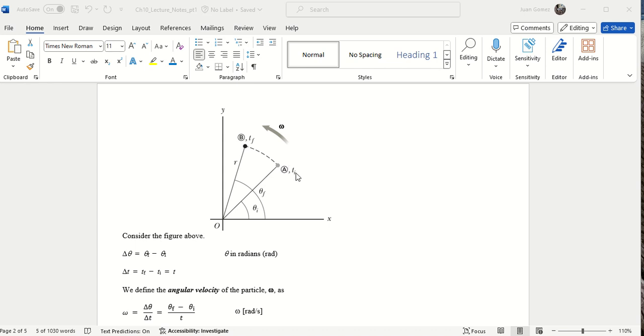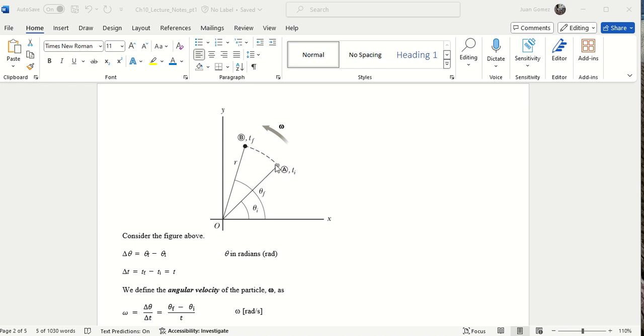It's at position A at some t initial. It's at B at some t final. So relative to the reference line, remember the reference line is the positive x-axis, the point, whatever this point is, we can call it the point P, has a theta initial when it's at point A. And when it's at point B, its angular position is now theta final.